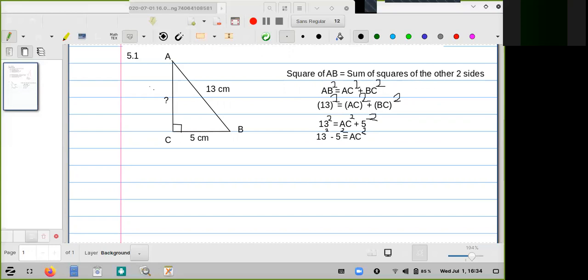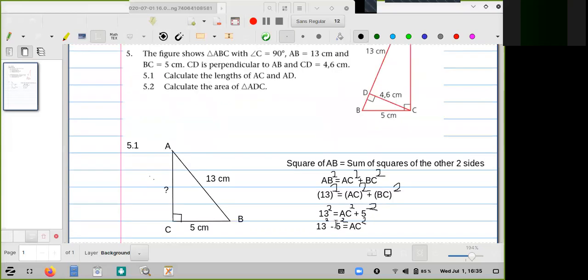Now, there are two methods here that we can deal with this problem. It's either we can use factorization or you simplify them and find the value. For the sake of factorization that we dealt with in our previous topic, I'm going to factorize that. I'll use factorization because we are having difference of two squares here, 13 squared minus 5 squared.